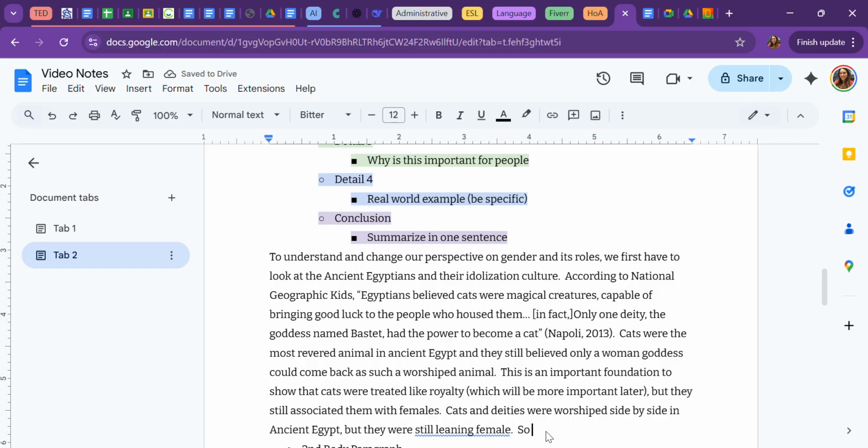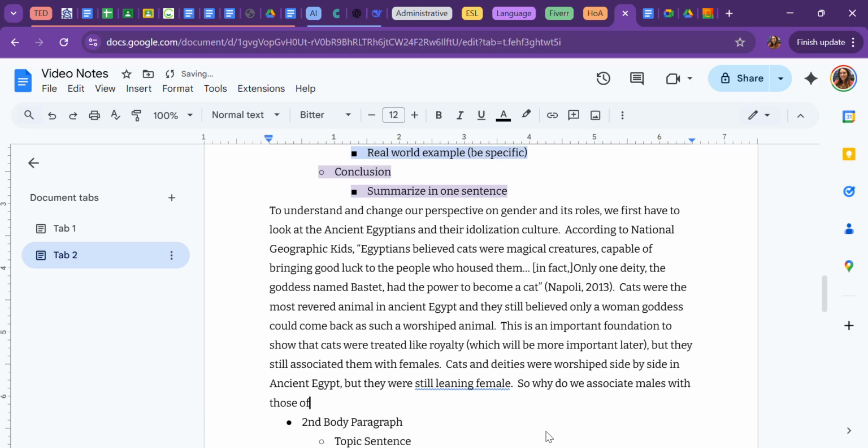This is going to be a link to help get into the next paragraph. So why do we associate males with those of royalty? Oh, actually, I kind of like this as my topic sentence for the next one.